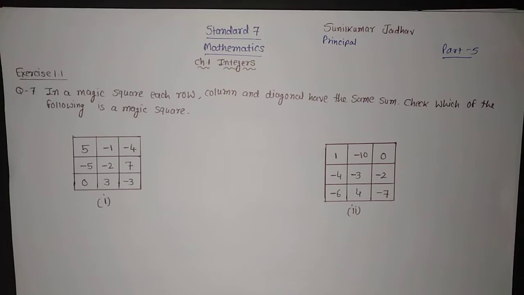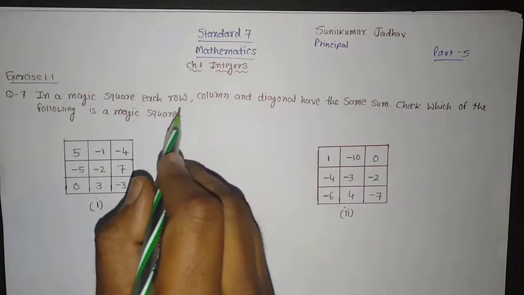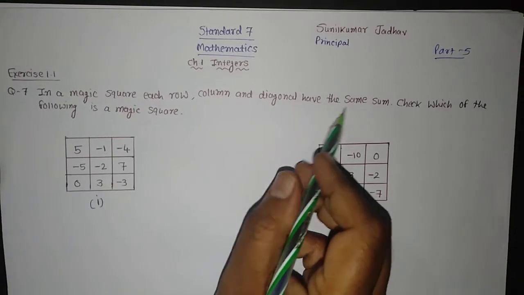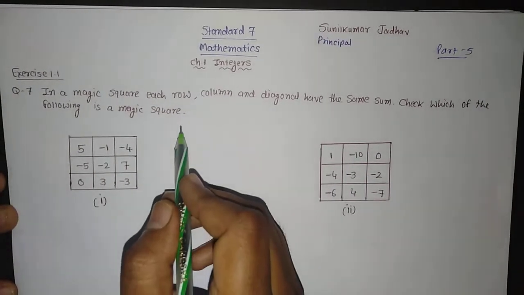Let us begin. In a magic square, each row, column and diagonal have the same sum. Check which of the following is a magic square.